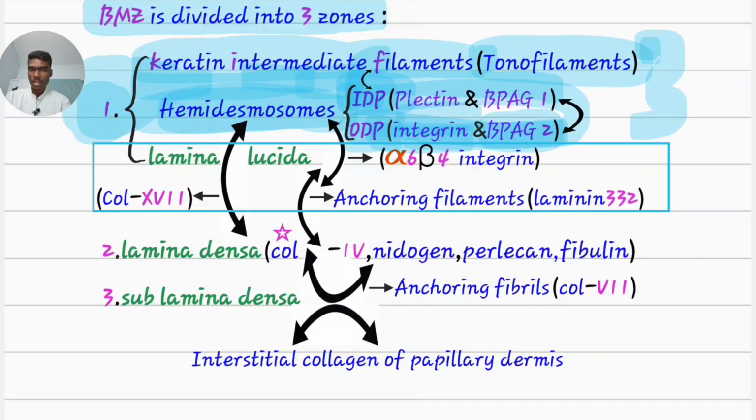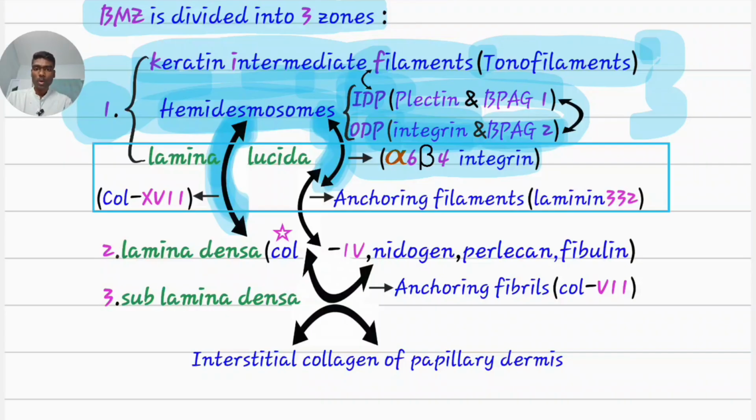Outer dense plaque contains integrins, which is nothing but alpha 6 beta 4 integrin. Here, this arrow mark is extending from the outer dense plaque into the lamina lucida. We can see two arrow marks representing two structures.